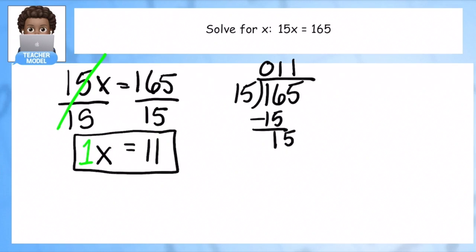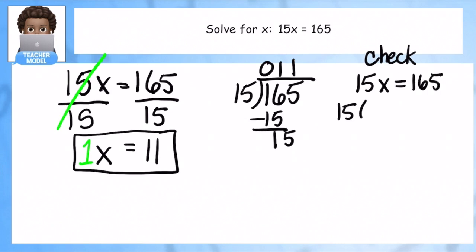And as always, just get into that habit. Let's check our work. We're going to check and substitute. 15x is equal to 165. So substitute 15 times 11. Notice I'm putting it in parentheses so it doesn't look like this. Because that happens.